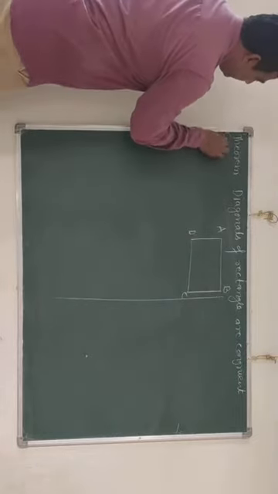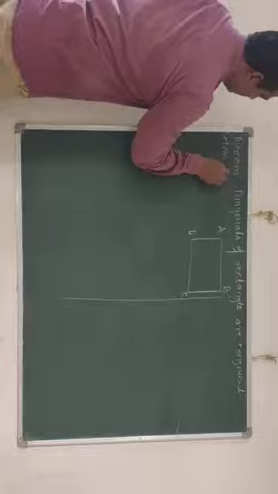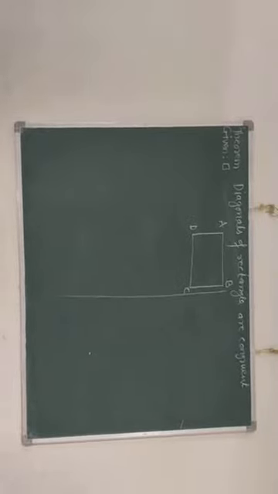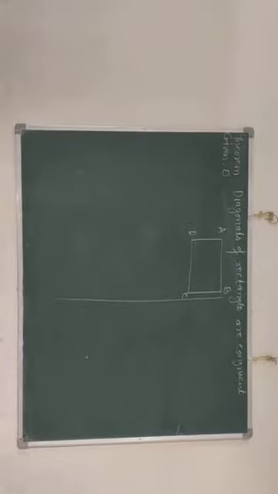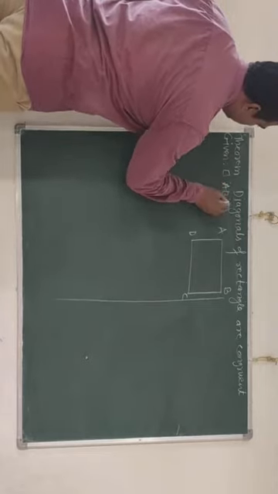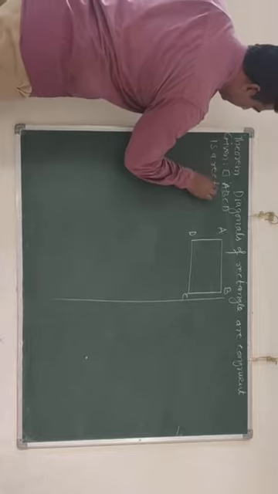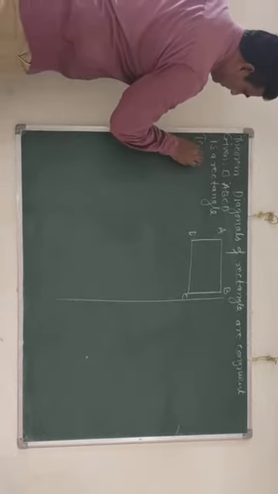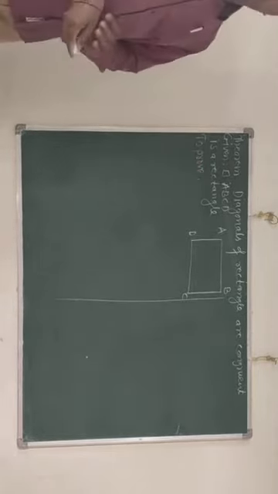So here, given: quadrilateral ABCD is a rectangle, and you want to prove that diagonals of a rectangle are congruent.